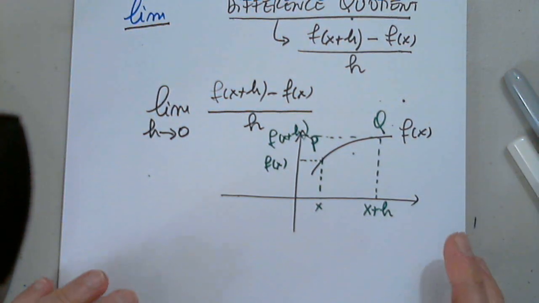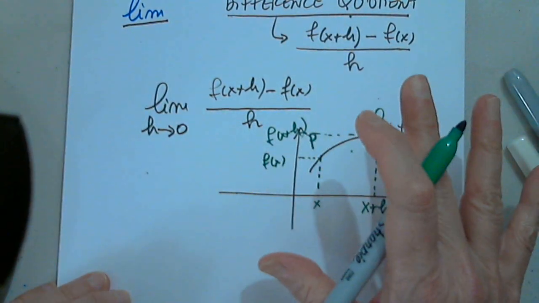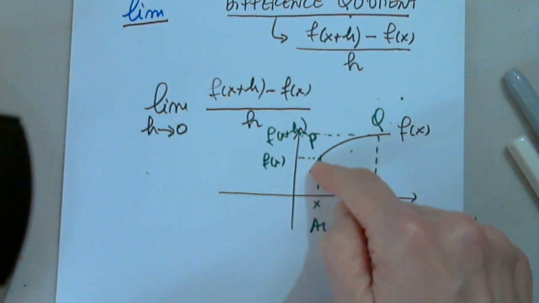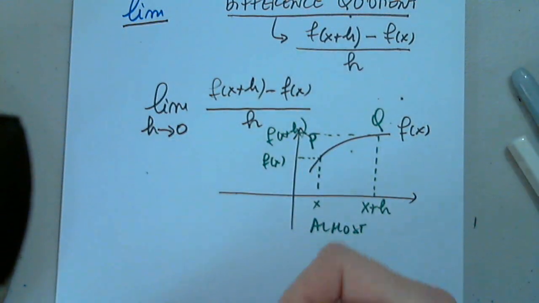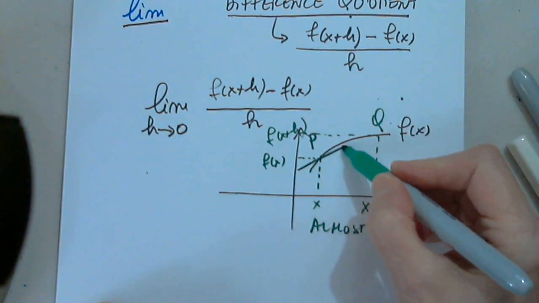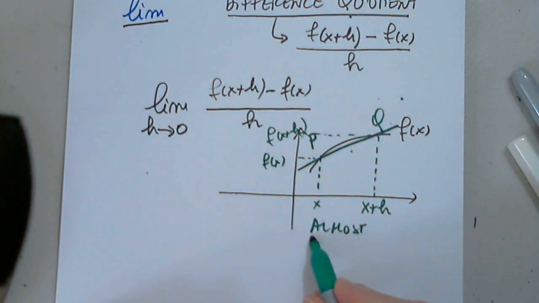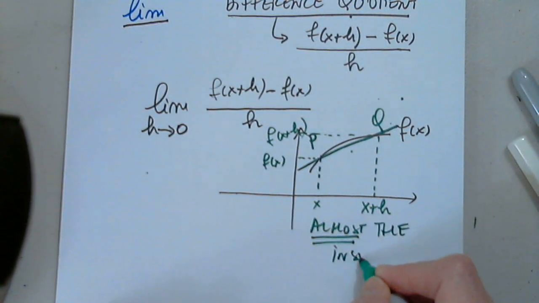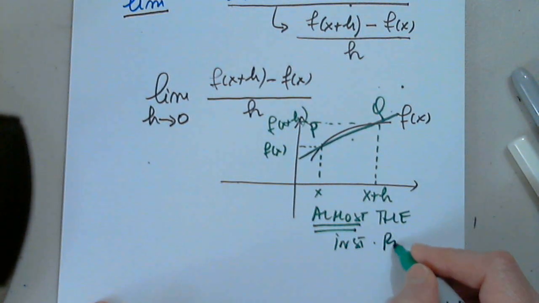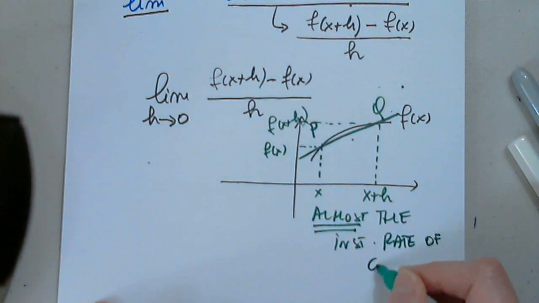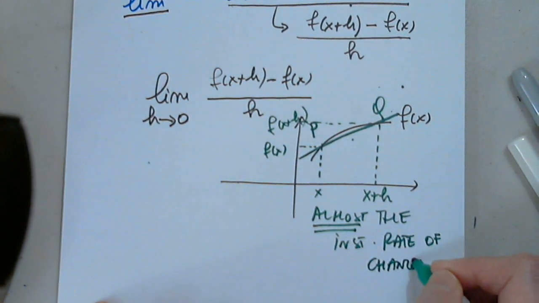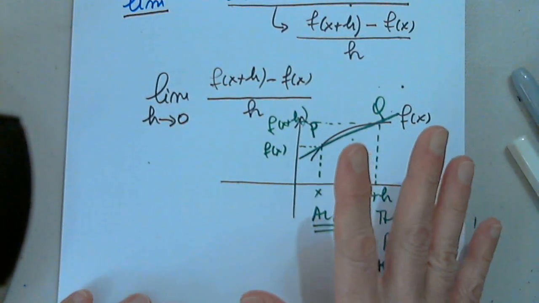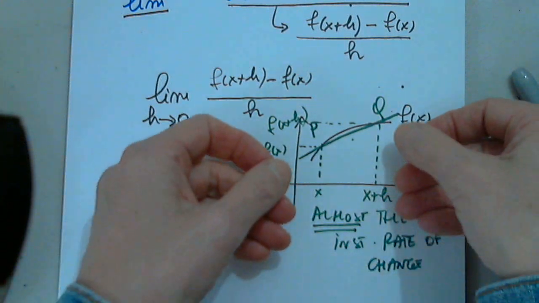And I think Sierra said, well, because P and Q are so close, this slope was giving us almost the instantaneous rate of change. That was perfect because that's what she remembered. But now, hear me out.